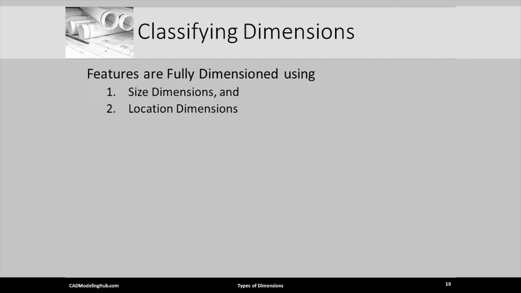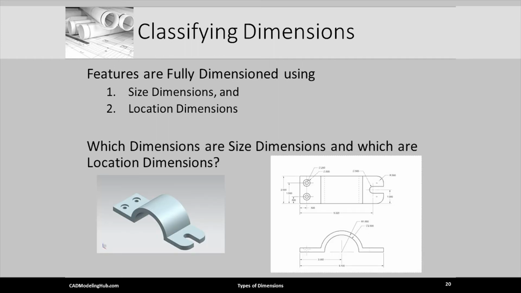So as a general classification schema for dimensions, they are either size dimensions or location dimensions. Pause the video and practice identifying which of these dimensions are location dimensions and which are size.